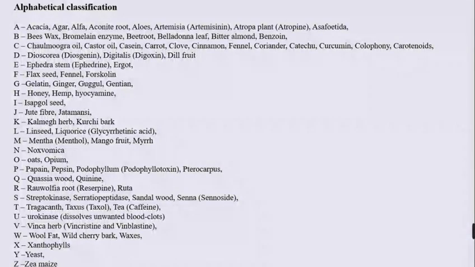We have castor oil, casein, carrot, clove, cinnamon, fennel, coriander, catechu. From D, we have the cardiotonic drugs such as digitalis, then dioscorea. E: ephedra. F: flaxseeds. G: gelatin, ginger, guggul, gentian. H: honey, hemp. Then we have I, J, K and so on in alphabetical order. We have different drug examples which we need to remember.